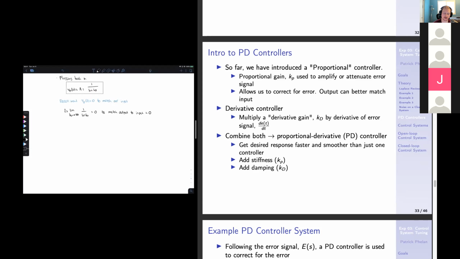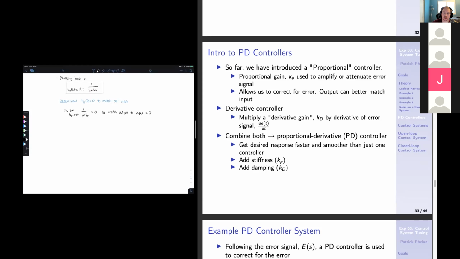We'll actually see this visually next class once we go into Simulink, because right now it's kind of abstract to think about. But if we multiply by the derivative of our error, again, as a function of time, then we can better adjust the error of our system to go to our desired input faster and smoother than if we just had our proportional controller.